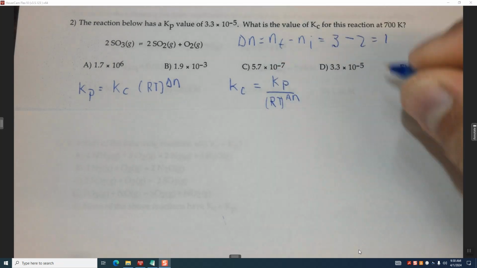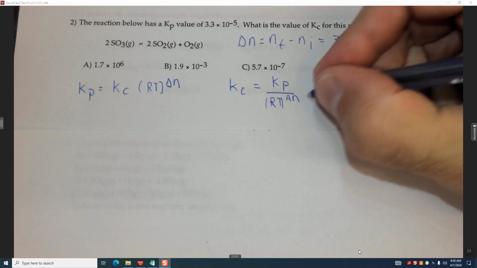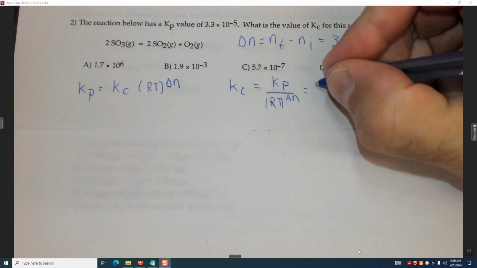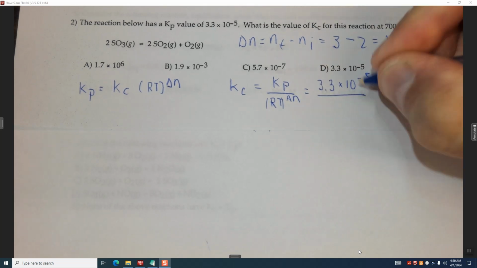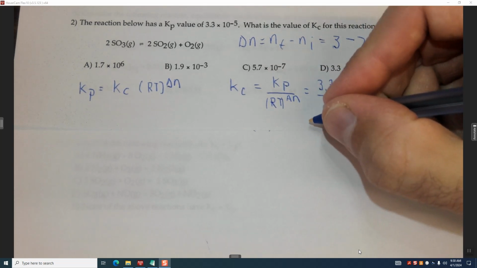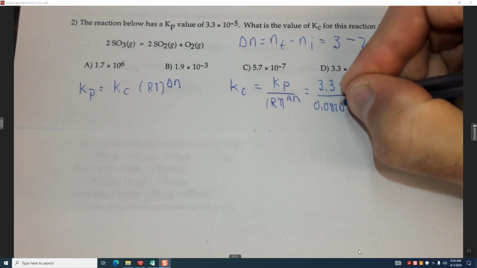Okay, like that. So we already found delta N. That's going to be 1. So what are we going to do? Well, we're going to plug in our Kp, which is 3.3 times 10 to the minus 5. We're going to plug in our R value, which is going to be 0.08206.